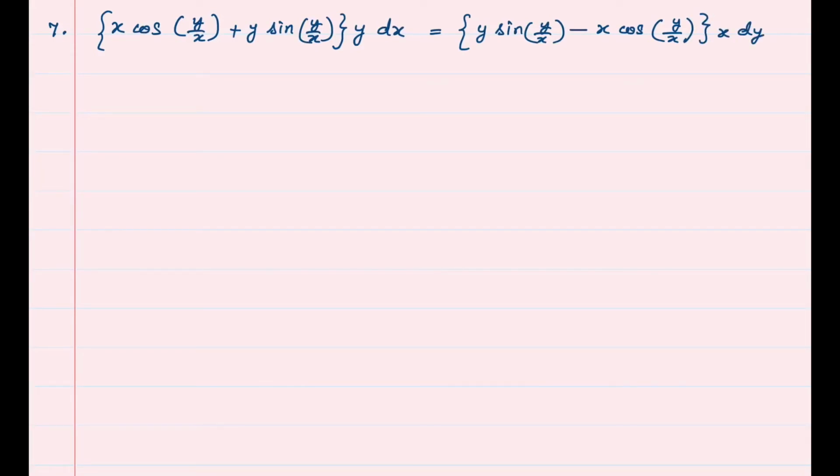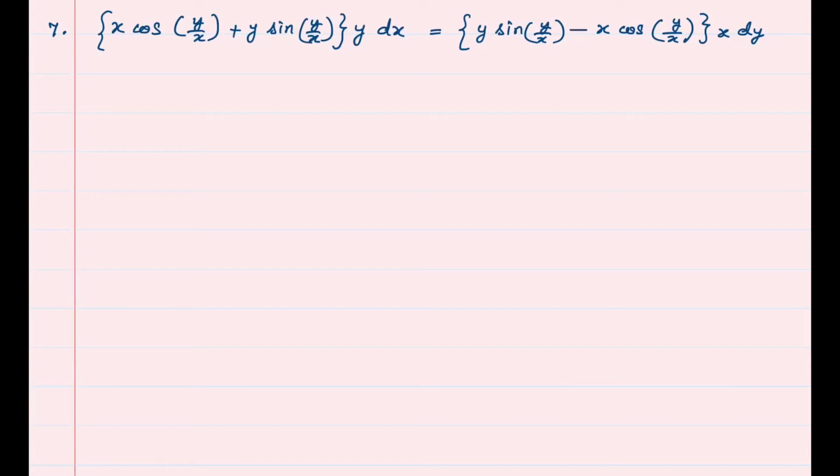This is a function of y by x. If you have a trigonometric function, it should be a function of y by x or x by y. Then only it becomes a homogeneous function. If you have only sin x or cos x, it does not become a homogeneous equation.